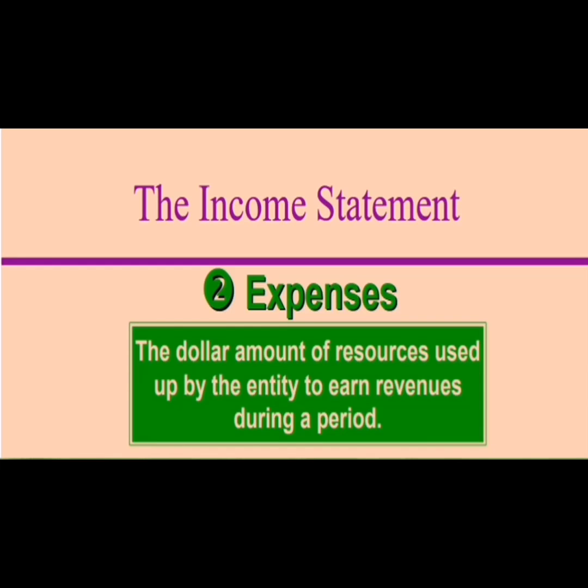Here come the expenses which we record or report in the income statement. Expenses are the dollar amount of resources used by the entity to earn revenues during a period. Expenses are actually the cost of doing business. So the cost we incur to earn revenue or to run the business is your expenses.